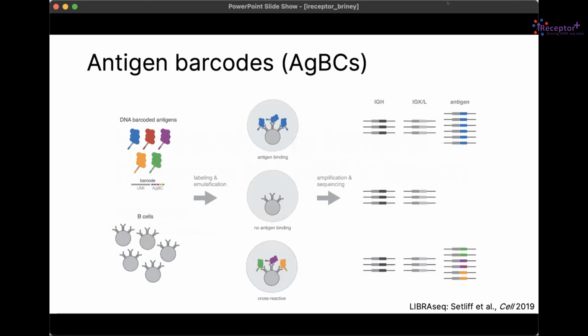So antigen barcoding was previously published as LIBRA-seq by Evelyn Georgiev's lab, and Ian Setliff was the primary author on that.